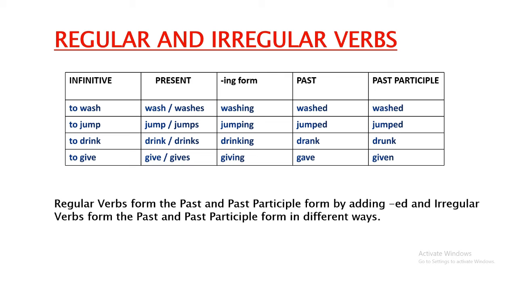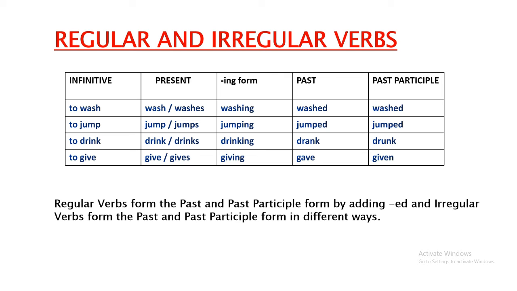Now when you look at these words, you can see the first two verbs, past tense and past participle, are same. We form past and past participle forms by adding ed to the verb. Last two verbs, past and past participle forms, are different. Past tense form is drank, past participle form is drunk. Past tense form is gave, past participle form is given.